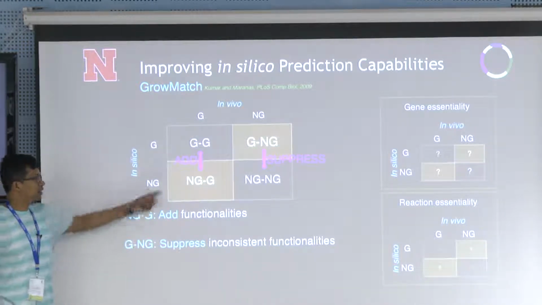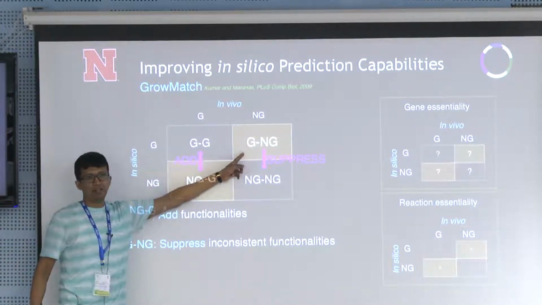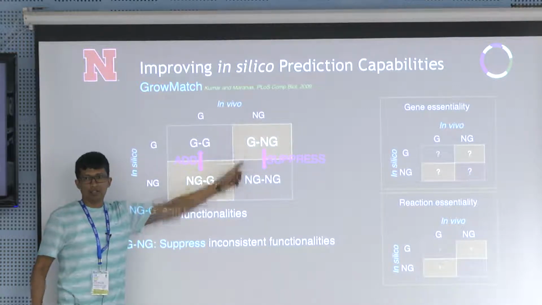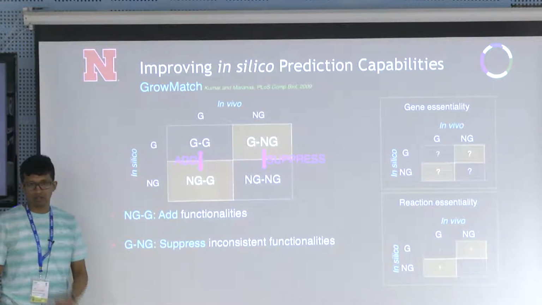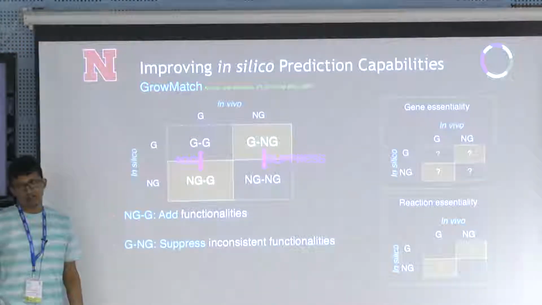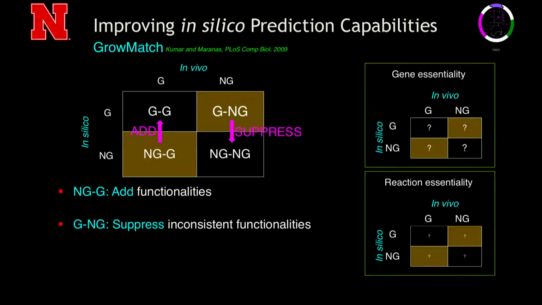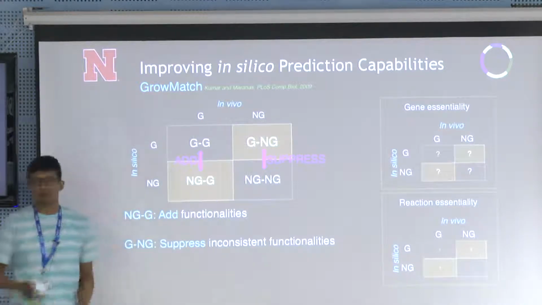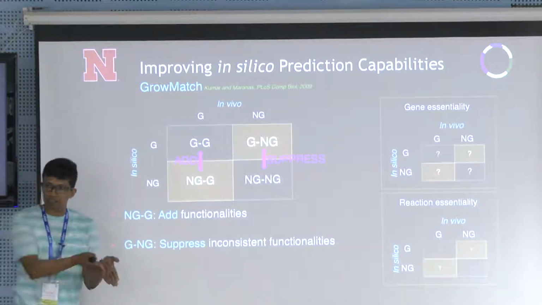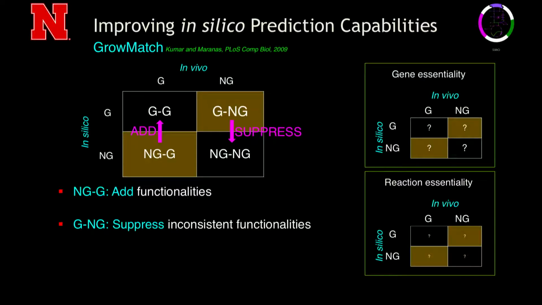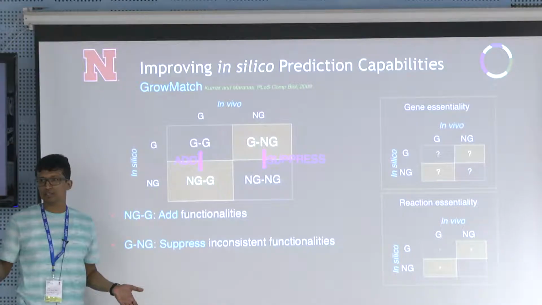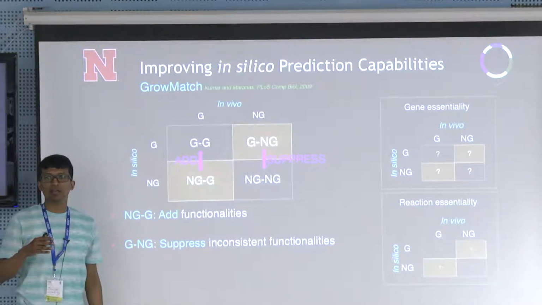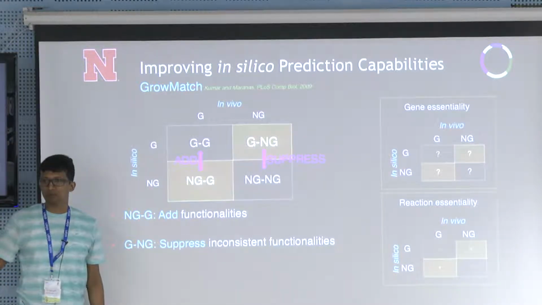What about this? When you have issues like this, the model says growth, experiment says otherwise. So basically you want to push it here by doing some sort of suppression. It could be a regulation saying that in that given condition the reaction does not carry flux, or it could be taking that reaction completely out, one of these two.